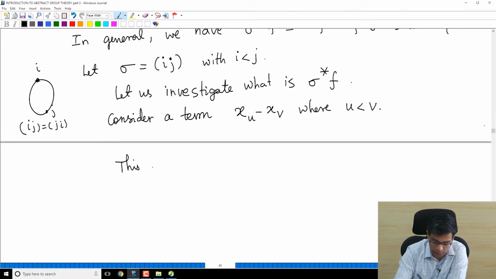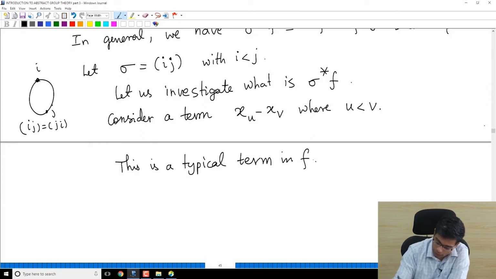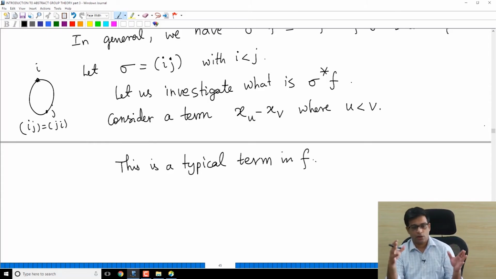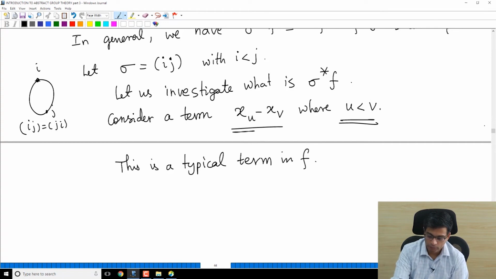This is a typical term. F, remember, consists of products x_u minus x_v, where the first index is strictly smaller than the second index. In order to determine what is sigma star f, I need to see what it does to a term like this.